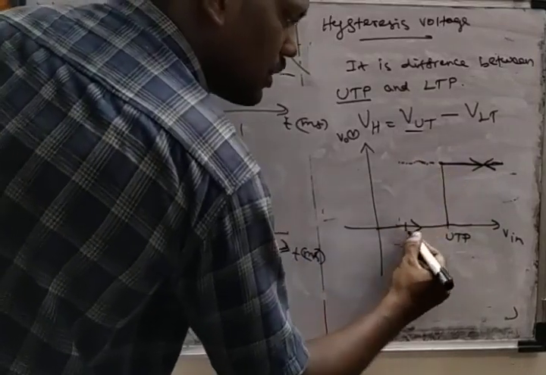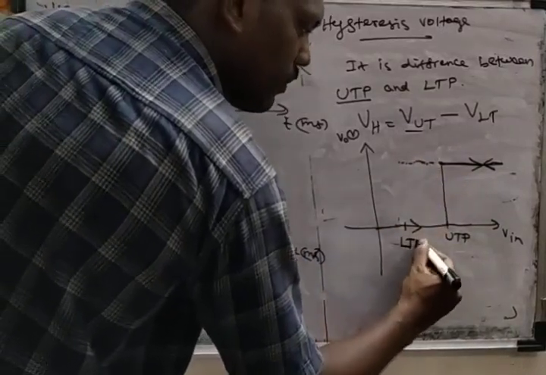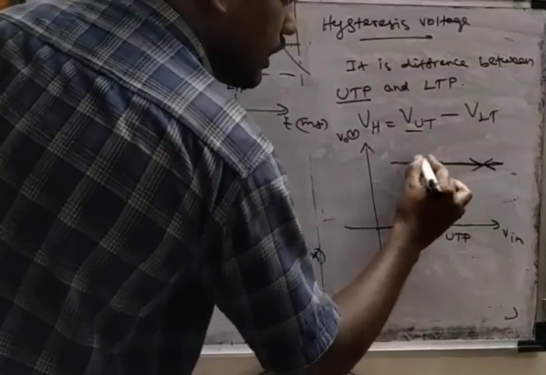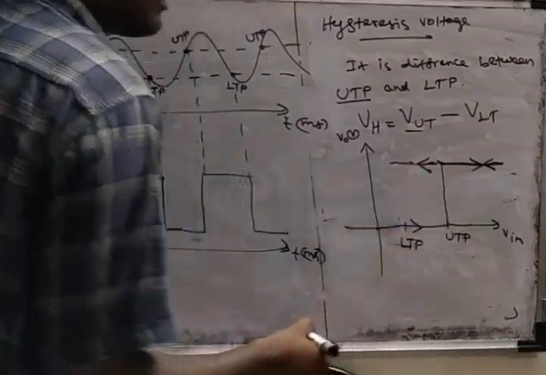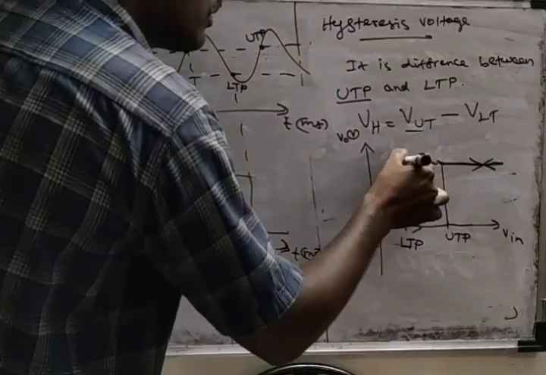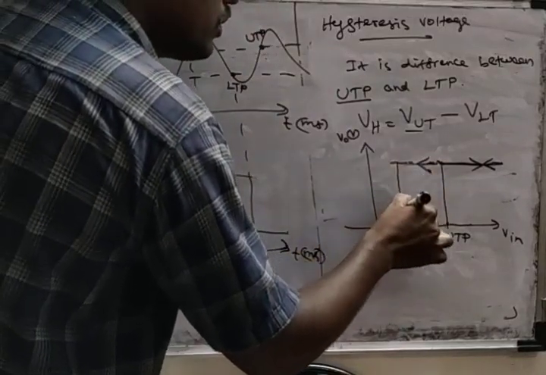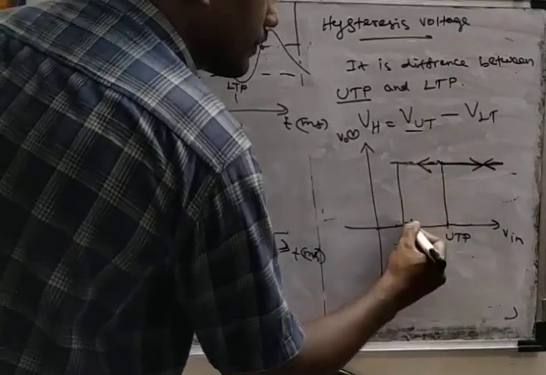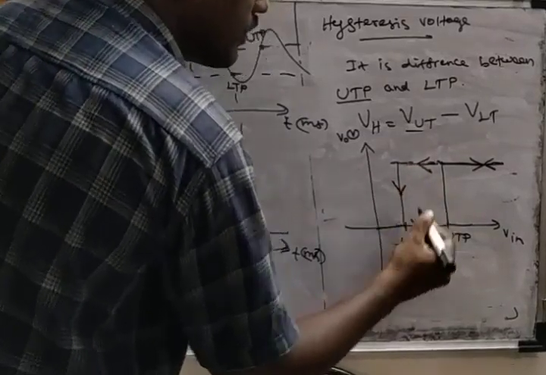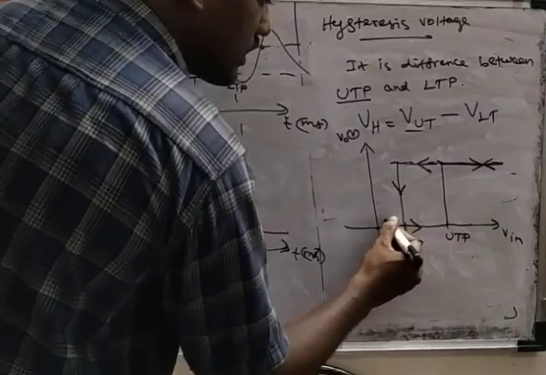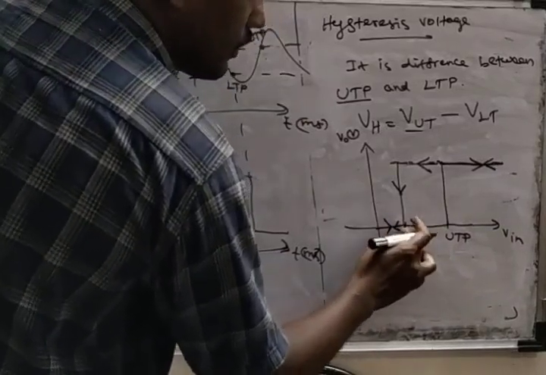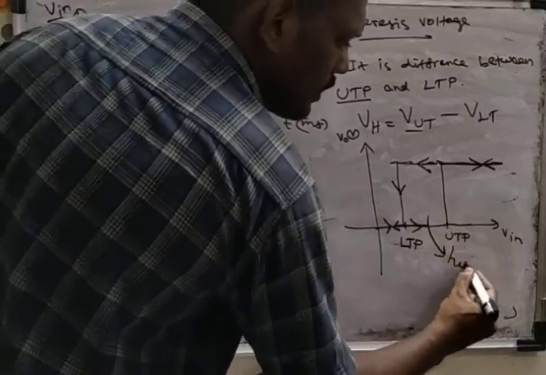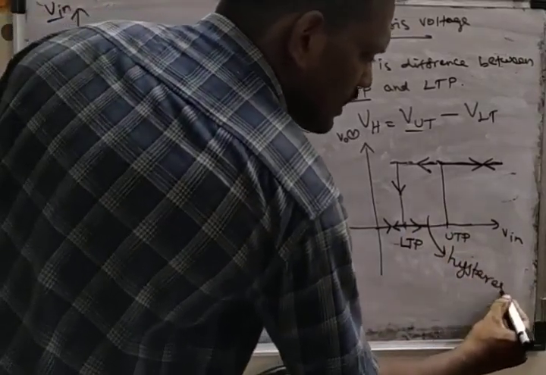When it reaches the lower triggering point, the output goes to low from high. Have an arrow mark like this. This loop is called the hysteresis loop.